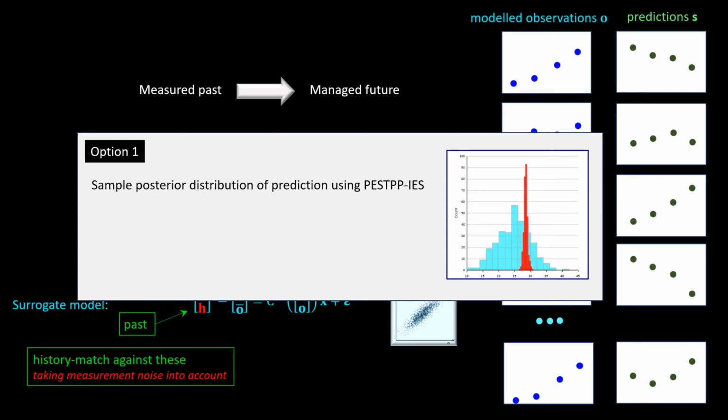Sample the posterior probability distribution of x, and hence of the predictions that are made using x. I then obtain the posterior probability distribution of the prediction, including the most likely value of the prediction. That's option 1, trivial because this statistical model runs so quickly.